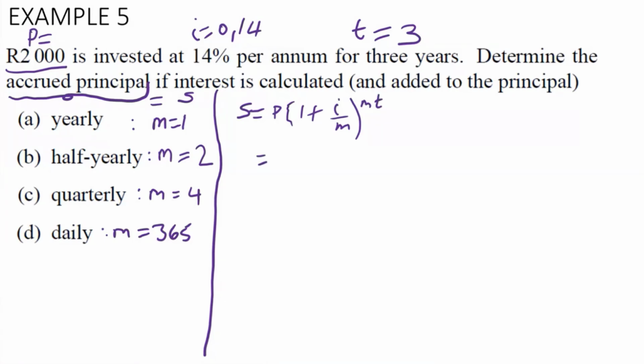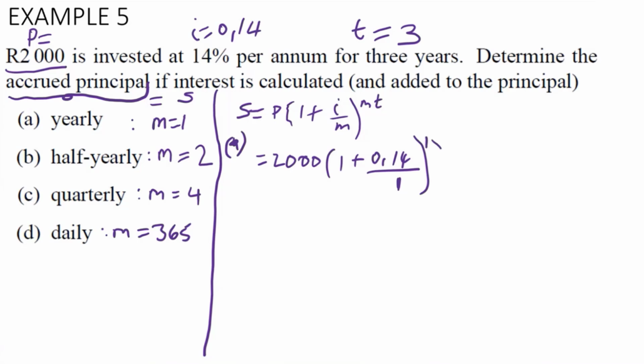So our present value does not change. It is 2,000. You've got 2,000 into 1 plus our interest rate, 0,14, divided by our M. I'm starting with number A. For number A, our M is 1, because it's yearly, and your T does not change, it is 3.